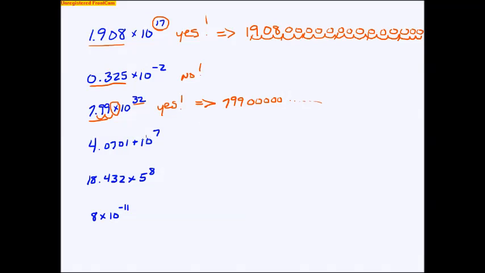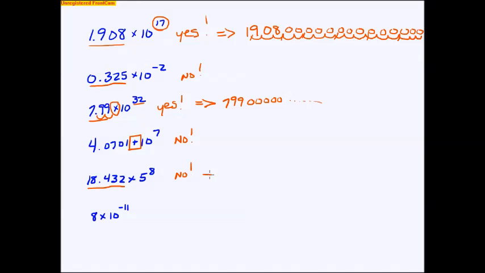Take a look at the next one here. We're going to say no for this one. You have a plus sign there. You never, ever have a plus sign there. If it were a multiplication symbol, we'd say yes. Next one down, we're going to look at this number, and we're going to say no again, because we have to have a number greater than 1 and less than 10, and that definitely is not.